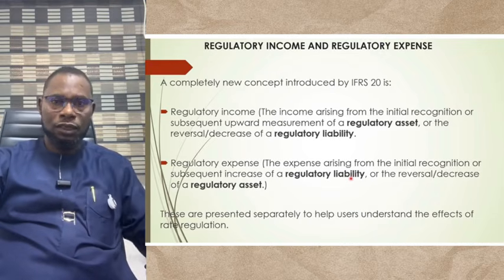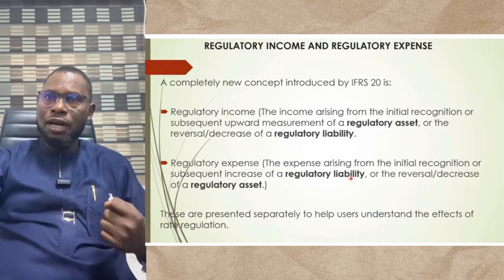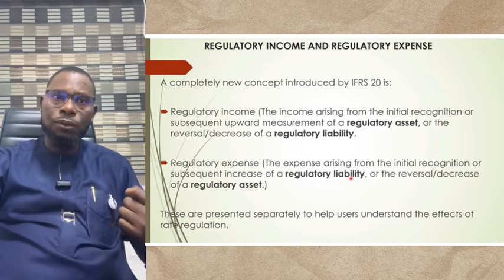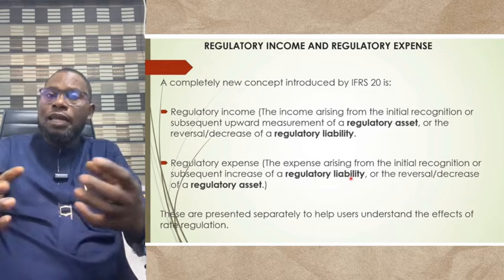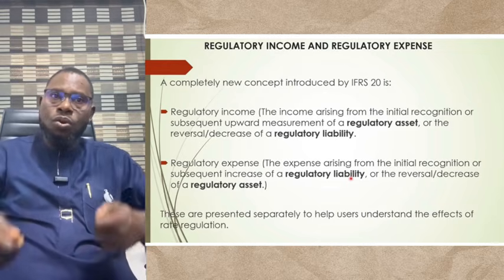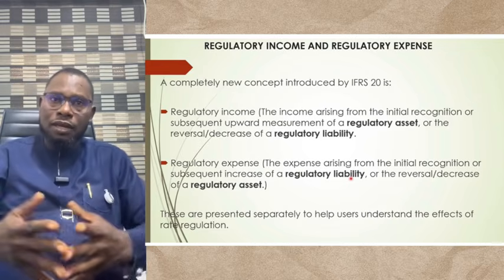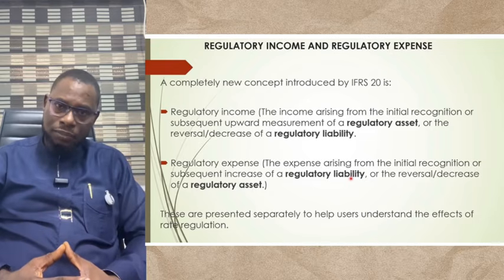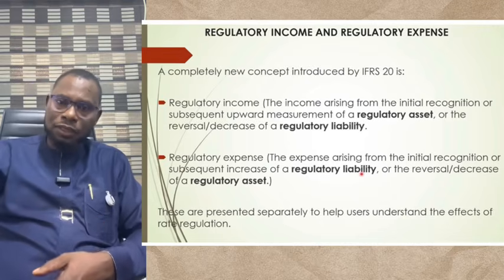Also, this is the opposite, expense. The regulatory expense. The expense arising from the initial recognition or subsequent increase of a regulatory liability. So once there's an expense related to an increase of a regulatory liability, then you have a regulatory expense. It means it is not an asset but an expense, because it is an expense in nature.